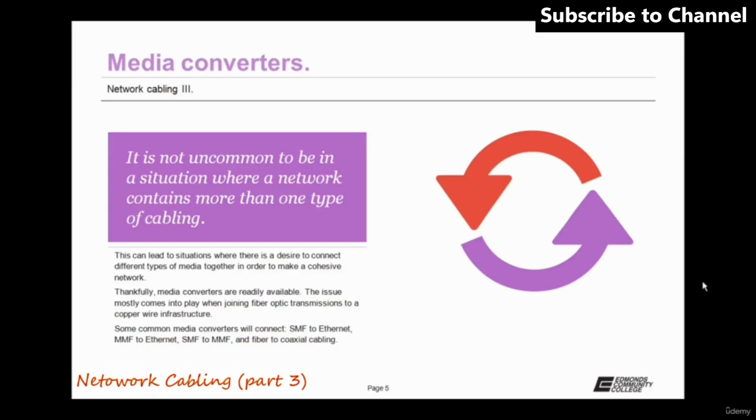The most common media converters will connect single-mode fiber to Ethernet, or multi-mode fiber to Ethernet, or single-mode fiber to multi-mode fiber, and finally there is a fiber to coaxial cabling media converter. You need to be aware that these devices are out there to help you create a solid network.